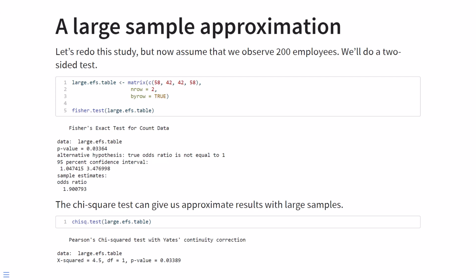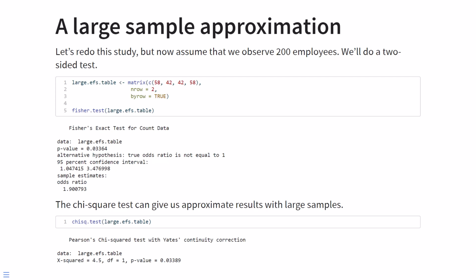Now, if you sit and think about that a moment, you might wonder how that could be. The chi-square test was a large sample approximation for the product binomial in which we had complete independence. And now with the hypergeometric, we have some dependence. So how can the chi-square be the approximation for both?